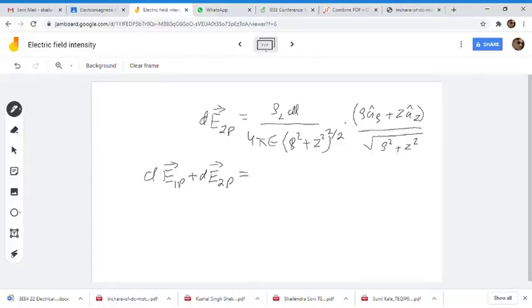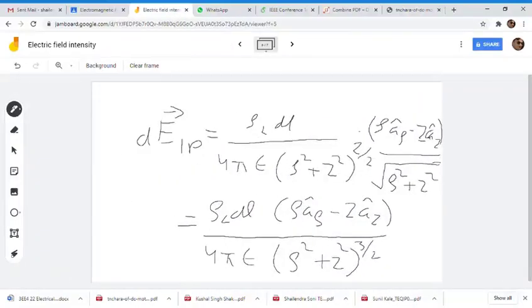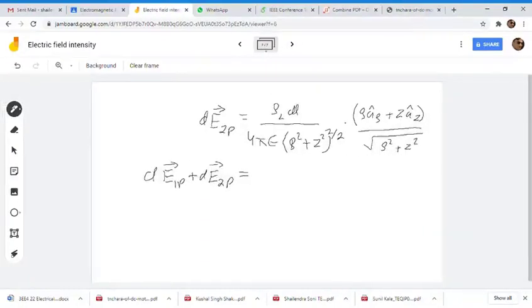You can see very easily dE1P consists of minus z a z, and dE2P consists of plus z a z. So the a z quantity will be eliminated.